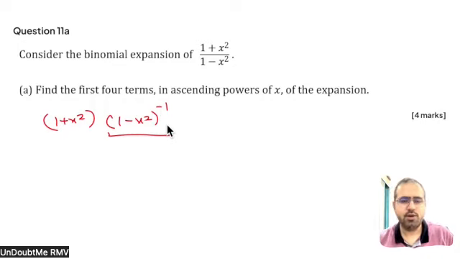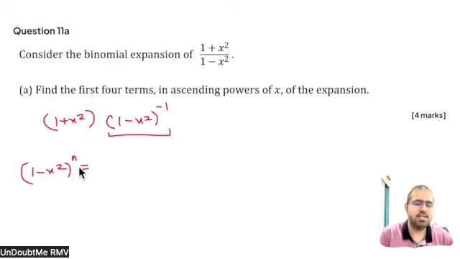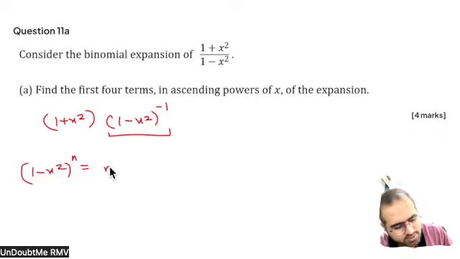Because when the power is negative, this thing will go on for more number of terms. So if I consider 1 minus x square to the power n, I'm intentionally writing the expansion for power n, and later on I'll replace that n with the negative 1. And I'll show you why it is logically correct. Let us first write the expansion.